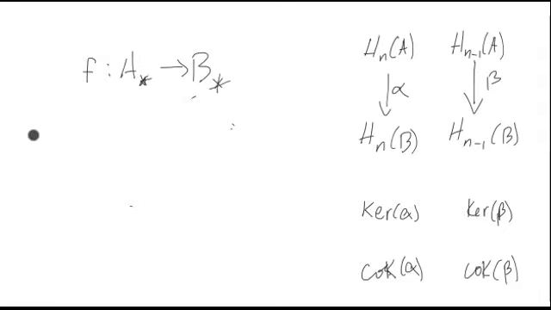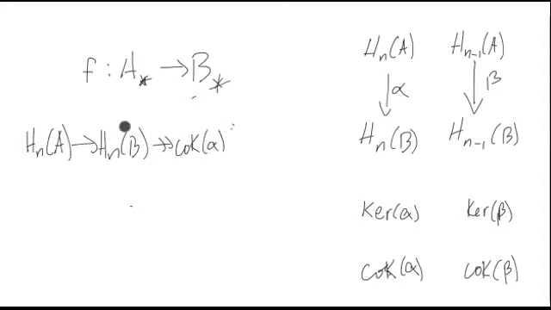So we know that Hn of A will map to Hn of B, which will surject onto its co-kernel of alpha. Just naturally, that's what you can do with the co-kernel there. The quotient of this with that. So yes, it's a quotient, it surjects onto it.